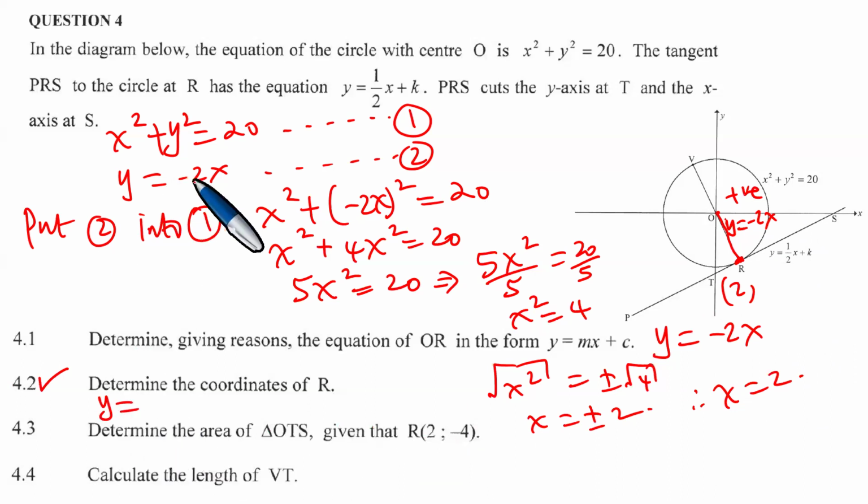So obviously we use one of the equations. So y equals minus 2x. X is 2. Minus 2 times that is minus 4. So the coordinates of R are 2 and minus 4.